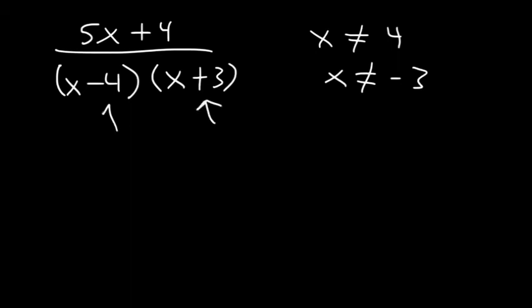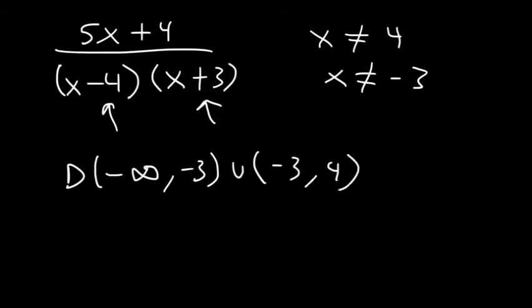Just change the sign. If you set x minus 4 to 0, you'll get 4 for x. Now to write the domain, it's going to be negative infinity to negative 3. Negative 3 comes before 4. Union negative 3 to 4. Union 4 to infinity. So that's the domain for this function.